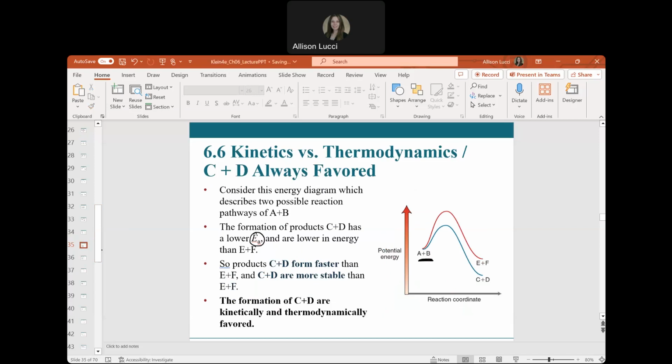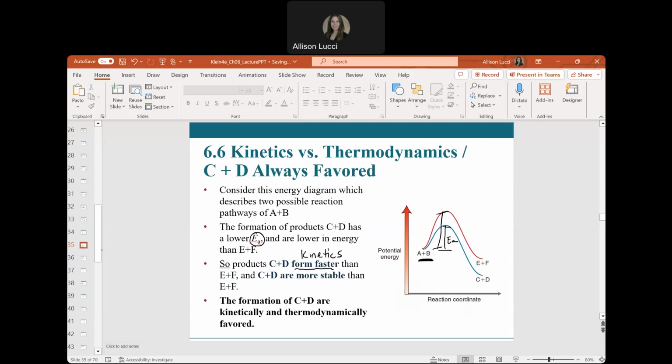So when we go from A and B, we have this activation energy, and then we also have this pathway's activation energy. So we can see that the activation energy for A and B to convert to C and D is lower. So they would form faster. So that's the kinetics analysis.